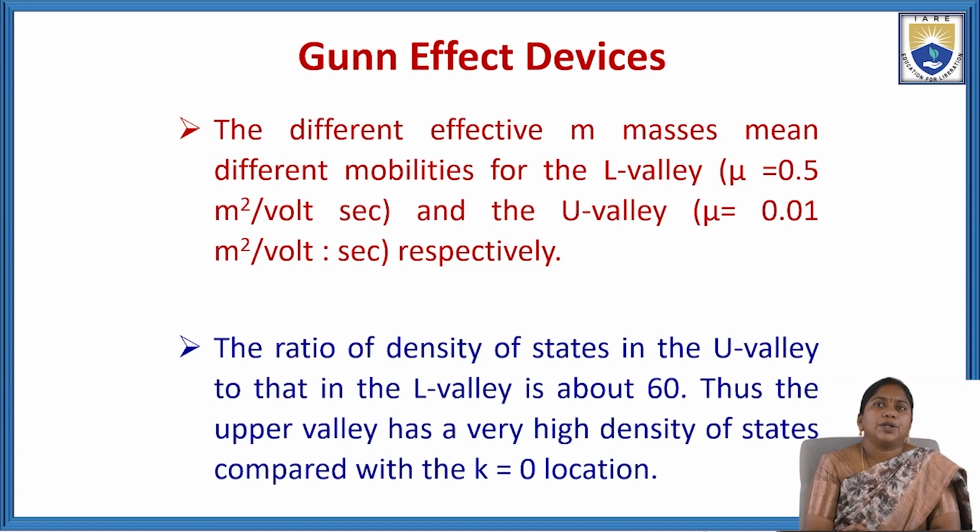The different effective masses mean different mobilities. So the effective masses are different for the U valley and L valley, so the mobilities are also different.